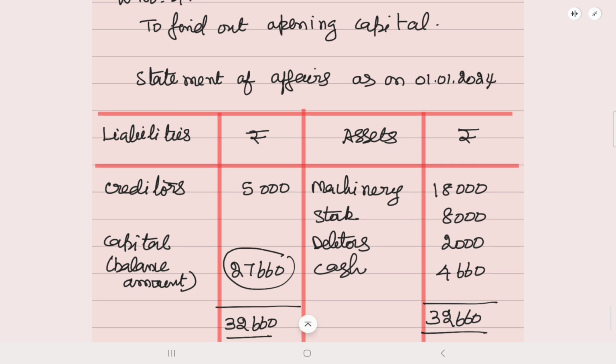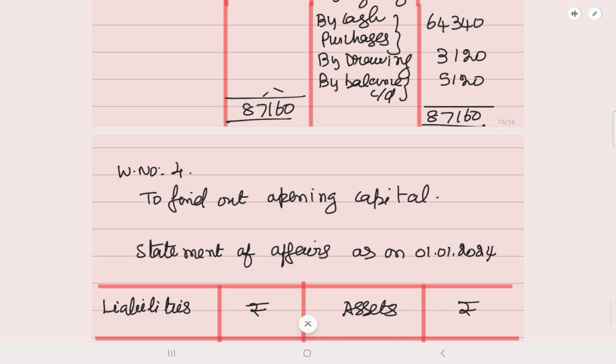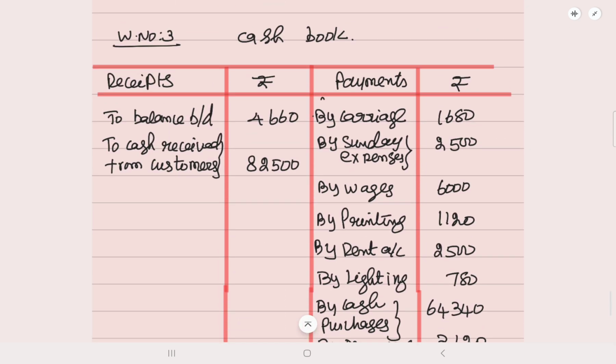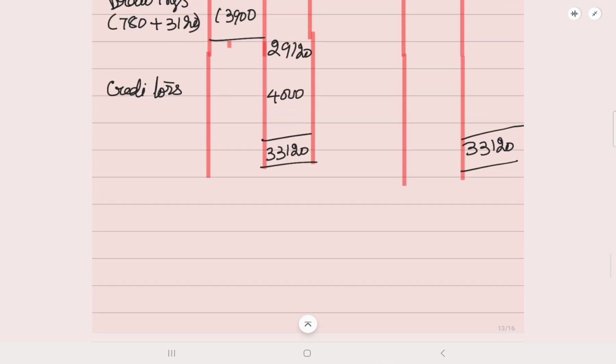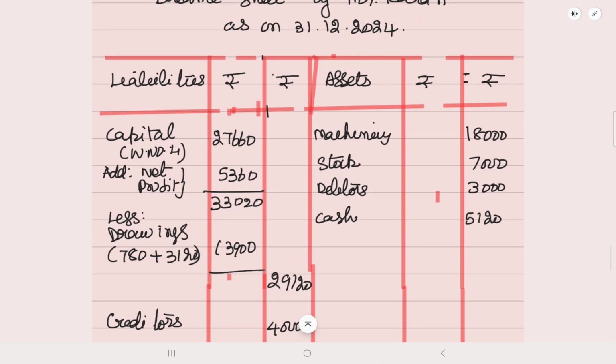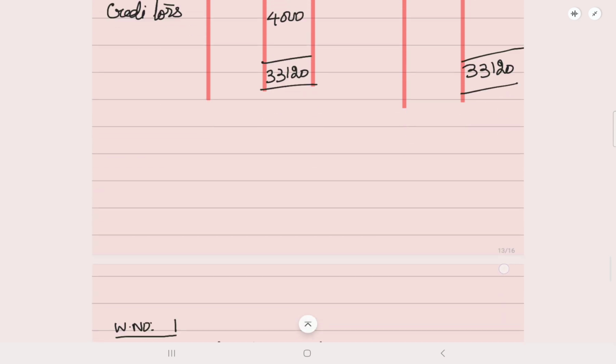So balance capital 27,660. Add net profit 5,360. Less drawings: goods withdrawal 780, cash payment withdrawal 3,120.